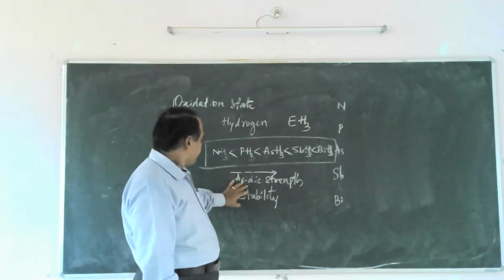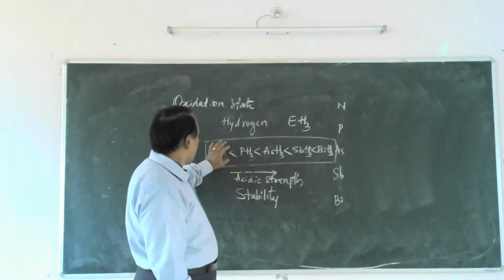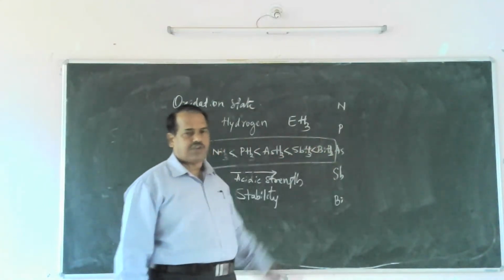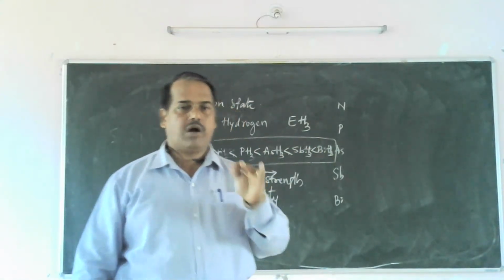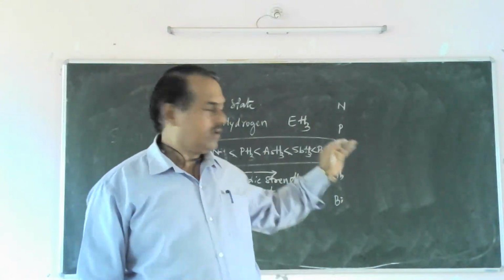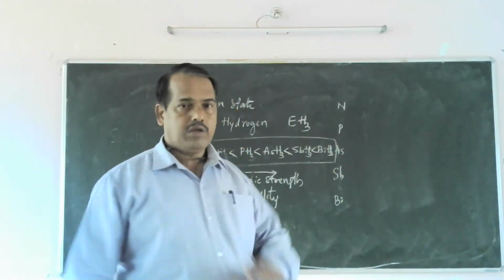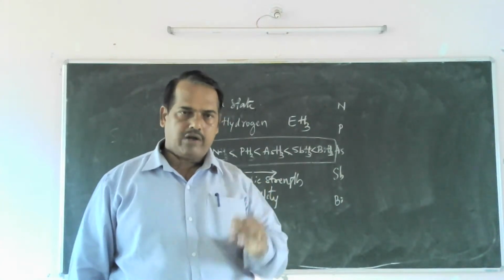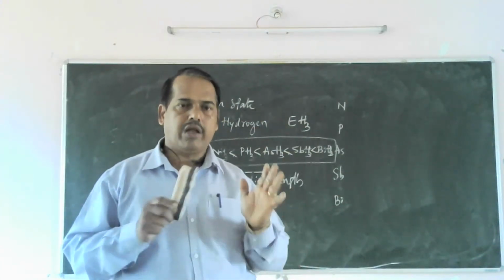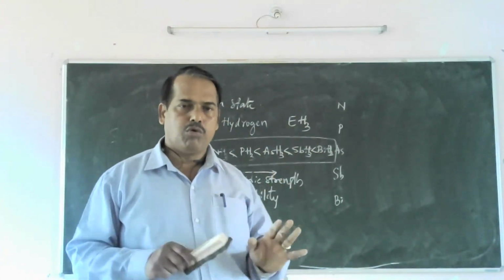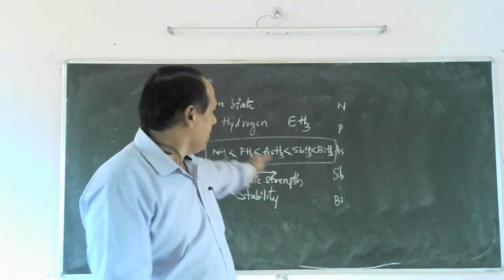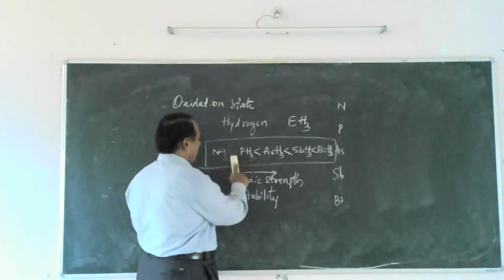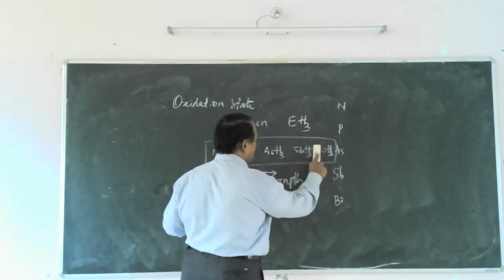Okay. About the stability, which is more stable here? Ammonia is more stable than the other hydrides. Ammonia forms hydrogen bonds because the nitrogen atom is more electronegative, so hydrogen bonding occurs between its molecules. Therefore ammonia is more stable than the other hydrides. Stability increases in the reverse order.